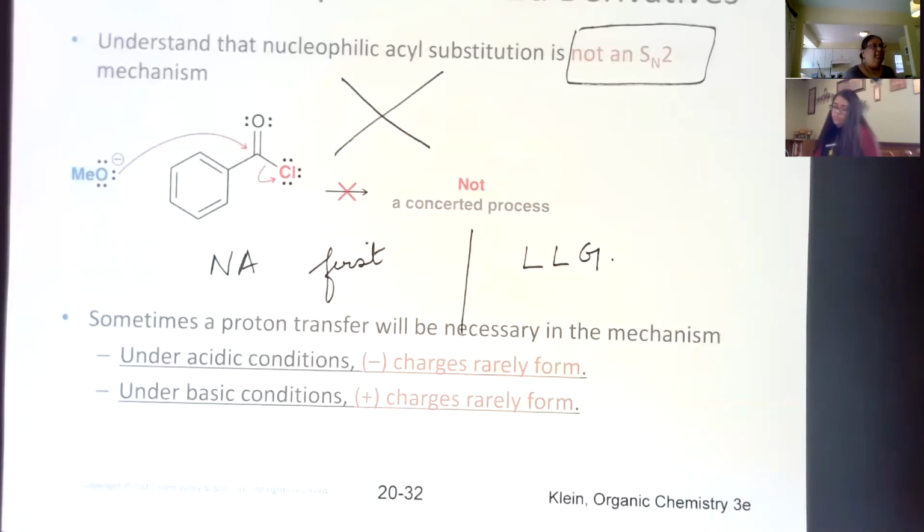You should be able to name them all and know the trend of reactivity, and also explain why acid halides are the most reactive and the amides are the least reactive. And then be able to do simple nucleophilic acyl substitution reactions.